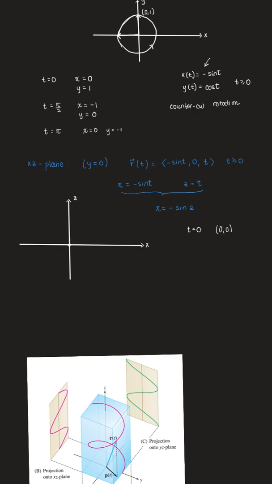So we start at the origin. Let's say when t is equal to pi over 2, the head of the vector would be negative sine of pi over 2, which is negative 1, and z would be pi over 2. So here's what's going on. If this is pi over 2, we're going to be down here. So we have a graph that's going to look like this. It's a sine function that's been flipped because of the negative sign. So that's our xz projection.